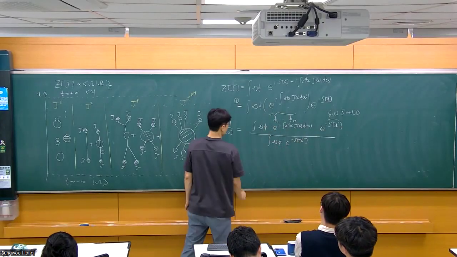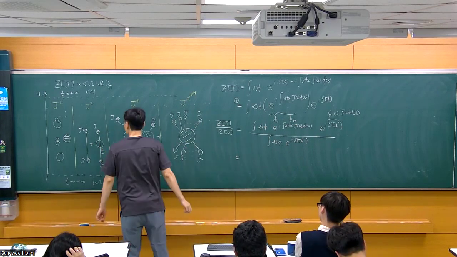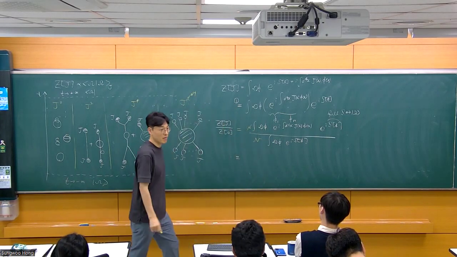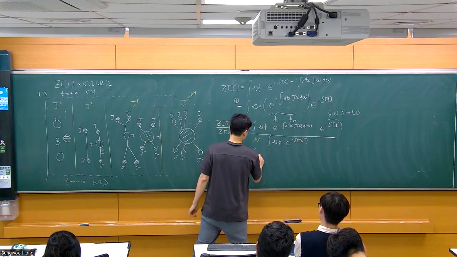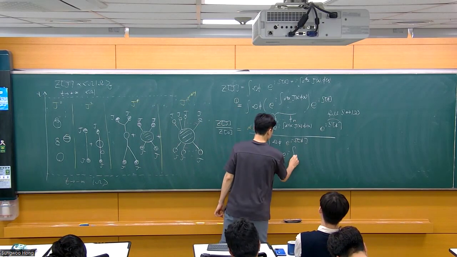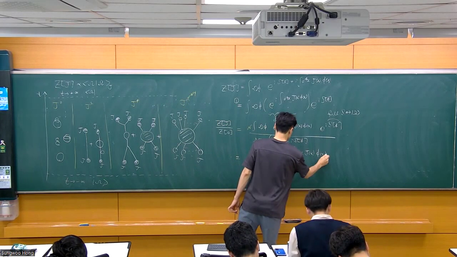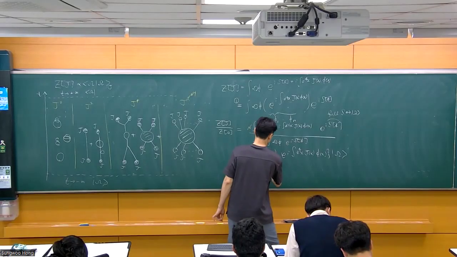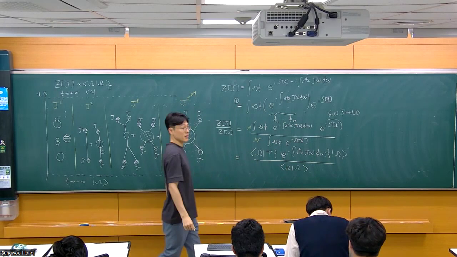If you want, in the previous discussion, you can put back the normalization factor. Then this is the same as the vacuum expectation value of the time-ordered exponential of the source term, divided by this.